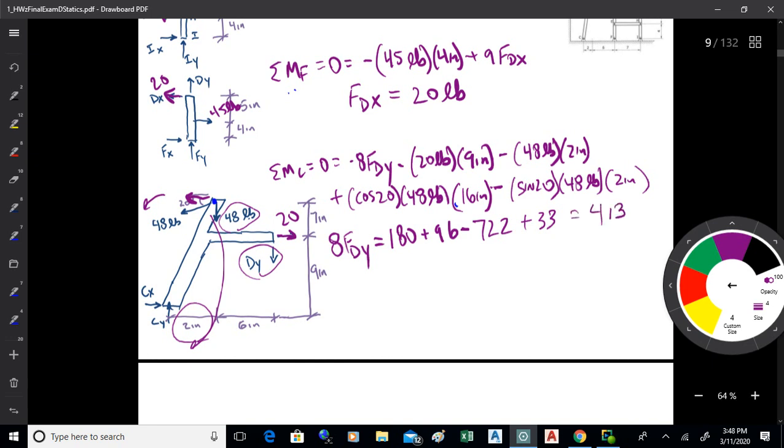Divide that by 8, that's 51.6. And that's actually going to be a negative. So instead of acting the direction I assumed, which was down, it actually acts up. So that was that one. I think there might have been some sign errors on that. We got any questions on that?